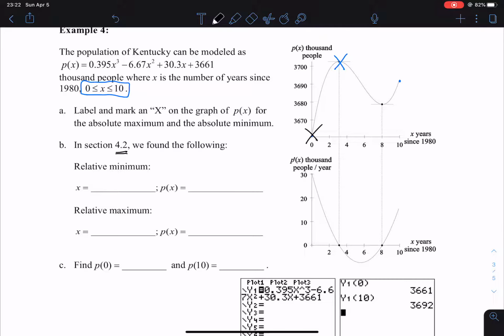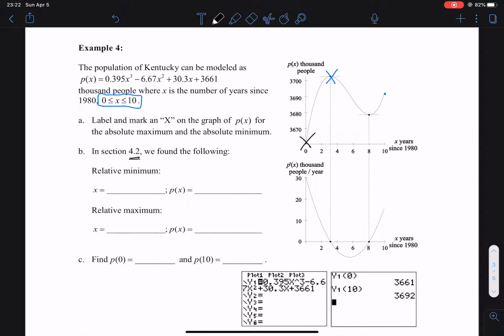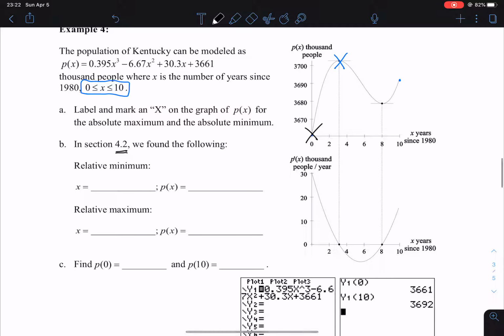So question B you just copy from section 4.2. This is the second opportunity for you to follow up with this part. Make sure you know how to get the x and the p of x.